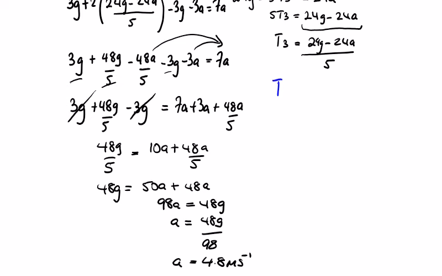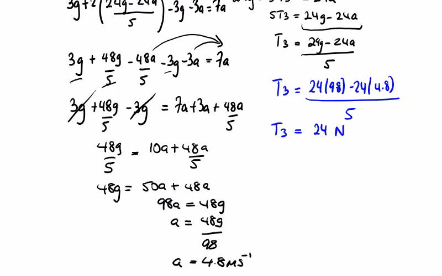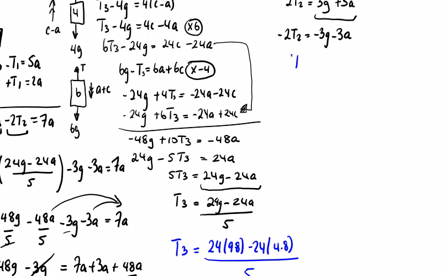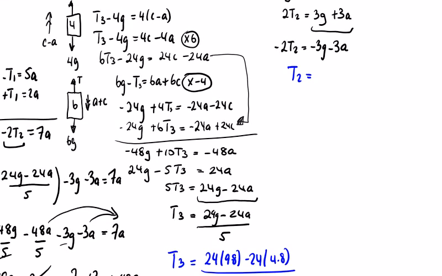So T3 is here. Let's get this first. T3 is equal to 24 by 9.8 minus 24 by 4.8, divided by 5. So on the calculator, T3 is equal to exactly 24 newtons. Where's my T2? It was up here, wasn't it? T2 is equal to 3g plus 3a over 2.